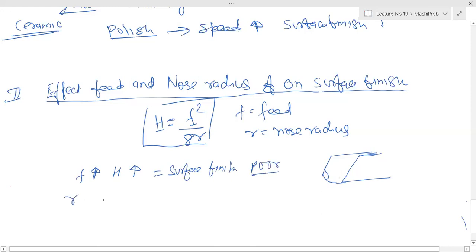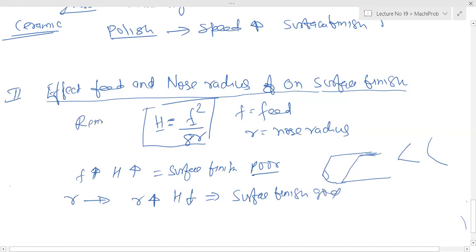And when R increases, nose radius means you have like this and you have like this, H decreases, means surface finish good. So you have to remember this: H is equal to F square by 8R.